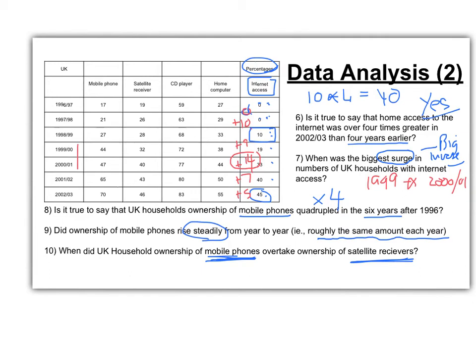And is it true to say UK household ownership of mobile phones quadrupled? So let's look at mobile phones, and we're looking at 96. Quadruple is times by 4, and we've got to go up 6 years, so that's 1, 2, 3, 4, 5, 6. So it's 17 times 4.